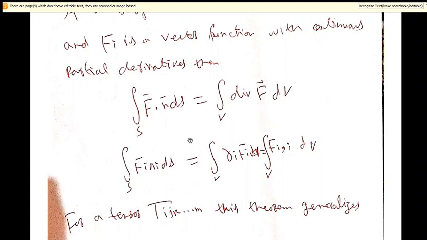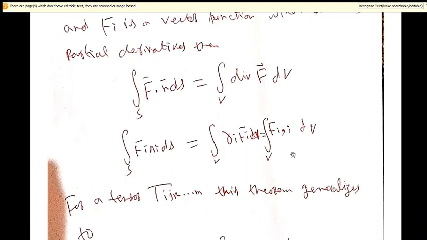F and n are vectors, so you can write the scalar product in indices as Fi Ni dS. On the right hand side you can write the divergence, partial i of Fi. This can be further written as Fi comma i. These are the notations for the partial derivatives.